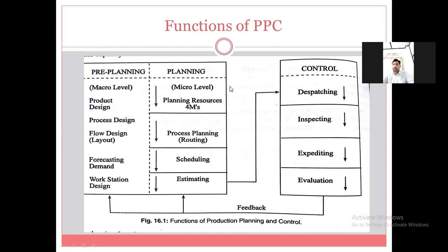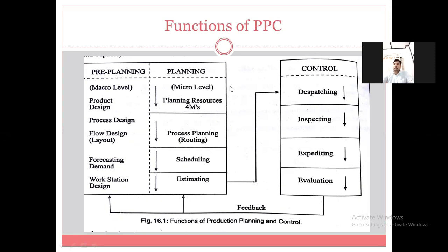In the layout, you have to decide after which machine you want to place the next machine, what will be the distance between those two machines, and which material handling equipment you want to use to transfer material from one machine to another. All those things come under the layout design, as does where you want to locate the store department.